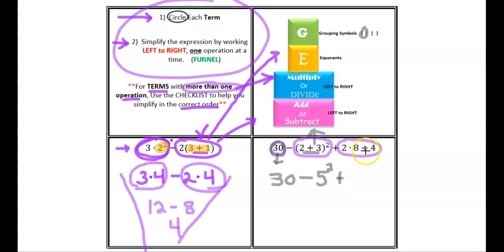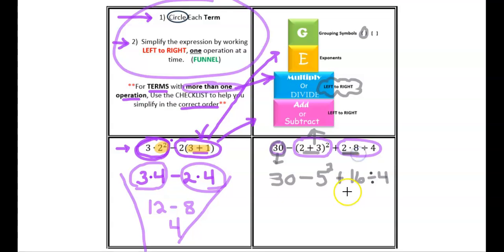now this one has multiplication and division. When we have both in the same term, multiplication and division, we just work the expression left to right. Left to right. So we go 2 times 8 is 16. And I'm just doing one operation at a time. I'm writing the divide 4 down. I haven't done it yet.